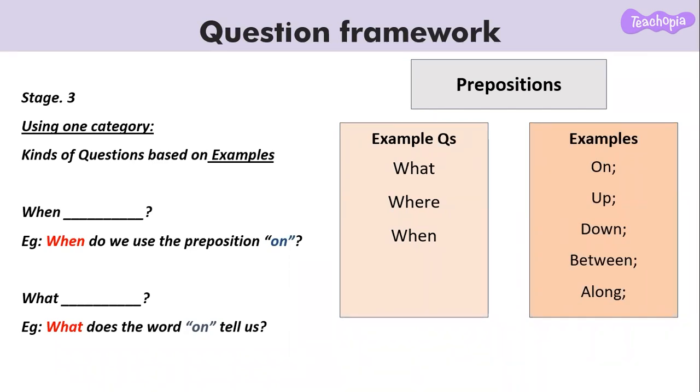So some of the examples for prepositions are like on, up, down, between, along, etc. And to get an answer for these kind of examples, we might use the question starters like what, where, and when. Some of the examples for the example category could be like, when do we use the preposition on? What does the word on tell us?